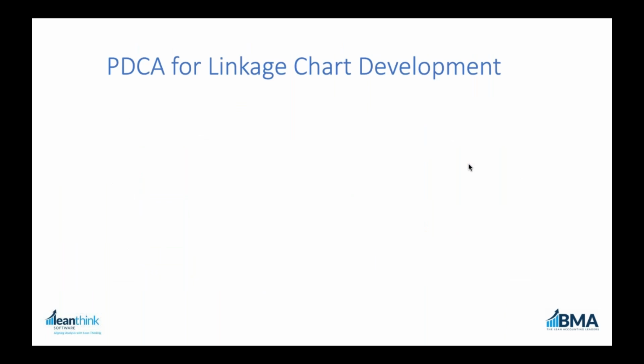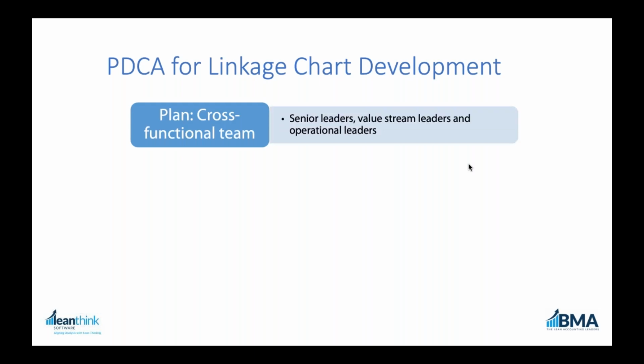So what is the process to develop a linkage chart? First, we plan. We want to use a cross-functional team, senior leaders, value stream leaders, and operational leaders working together. This is not an exercise for just those senior leaders teams. The more that you get buy-in, the better the process will be, because when we do this, we found out that a lot of these groups learn from each other about what is measured, what isn't measured, what's important, what's not important.